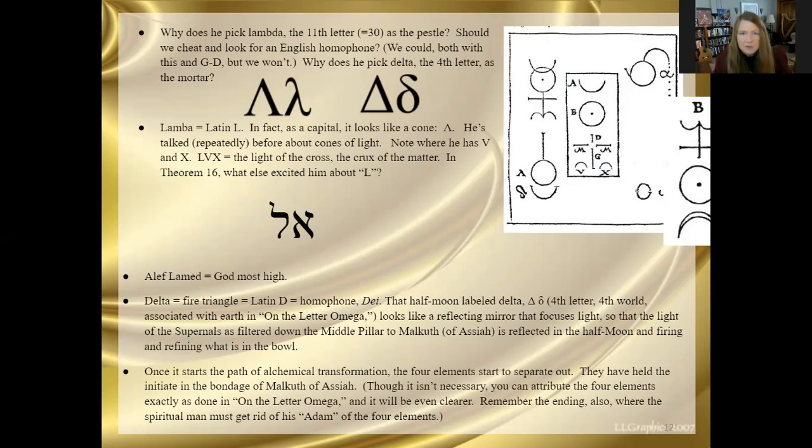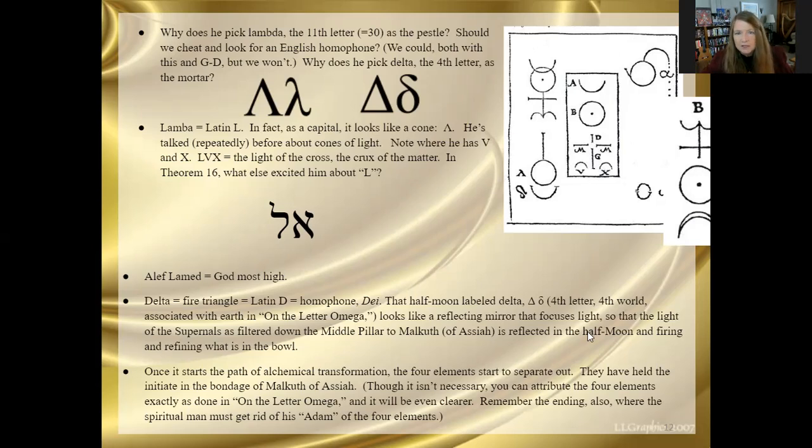One of the difficulties some people have with D is that he frequently changes, or a better word is transforms, his attributions, okay? Directional and elemental. But you can attribute him just like in the letter of Omega if you want, and it'll be even clearer. But what really is helpful from that is to look at the ending where the spiritual man must get rid of his Adam, and you get this Greek interpretation of what Adam means.